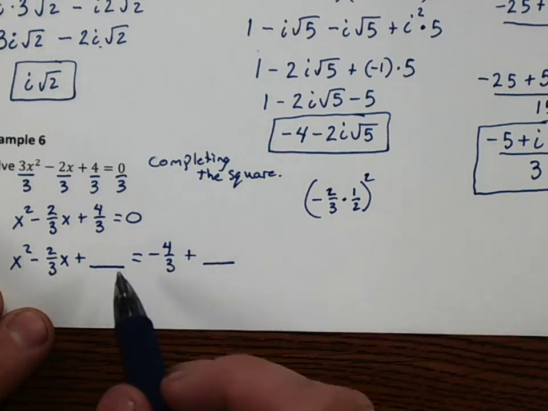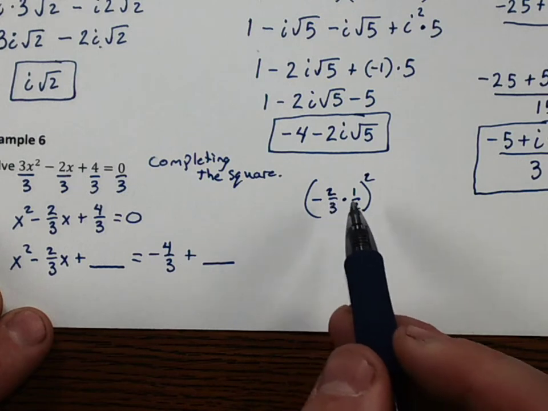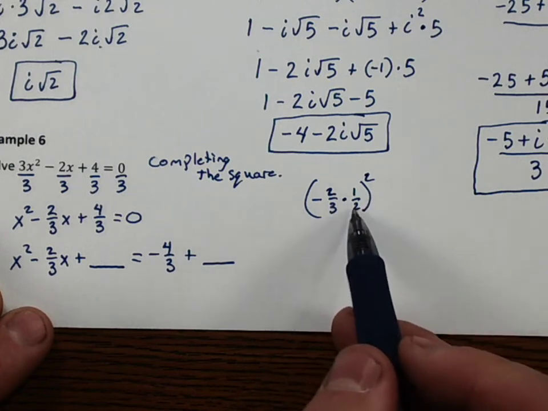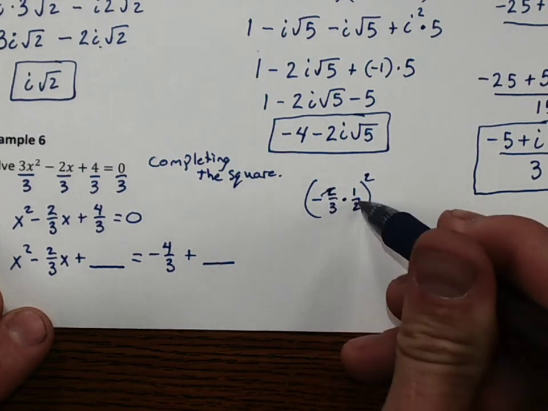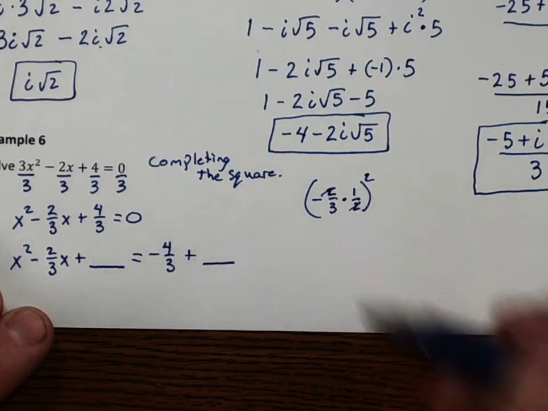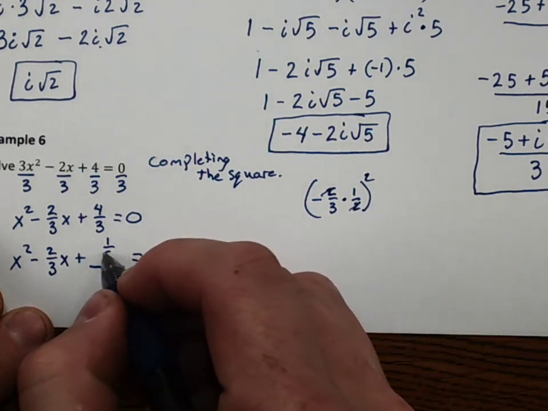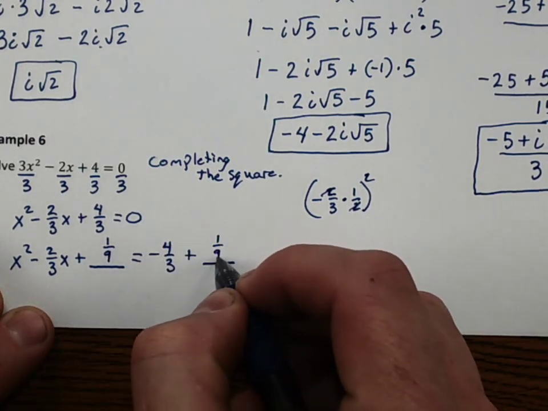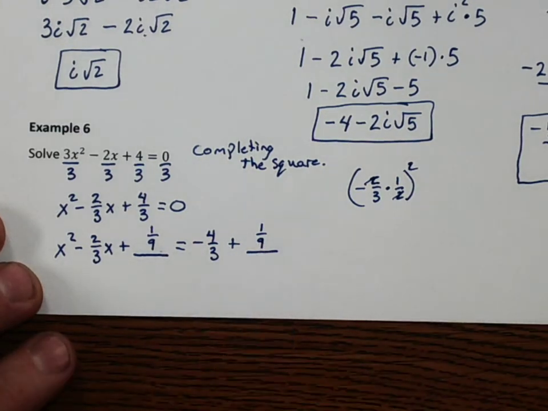So the thing that is going to complete the square is the b value divided by 2, which is multiplied by half, squared. Well, 2 divided by 2, those go away, leaving just 1/3. 1/3 squared is 1/9. So the thing that completes the square is 1/9.